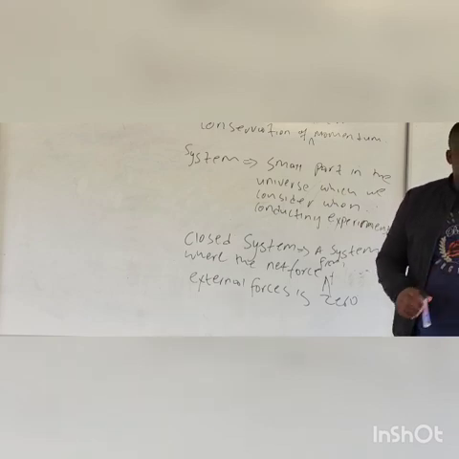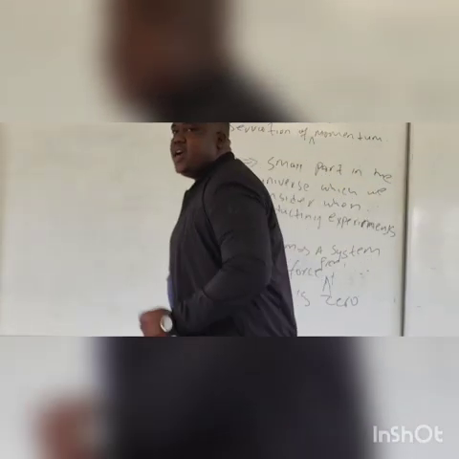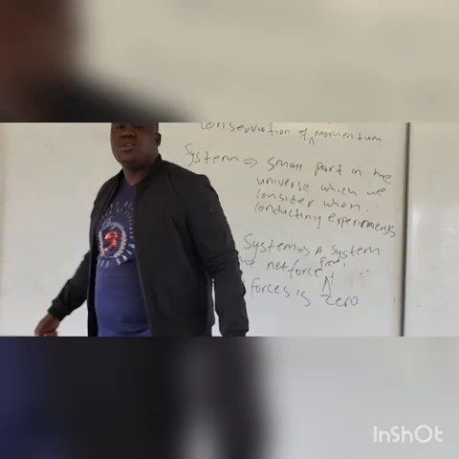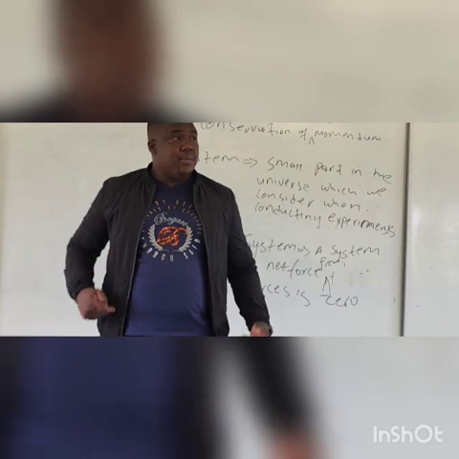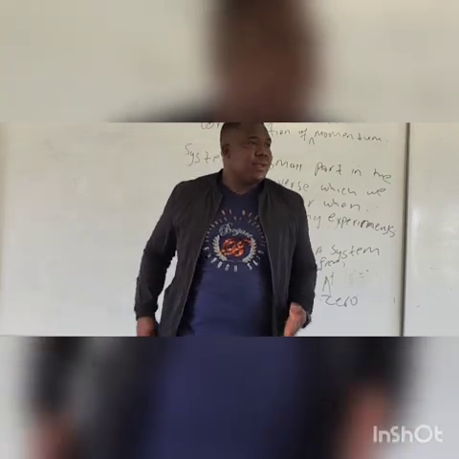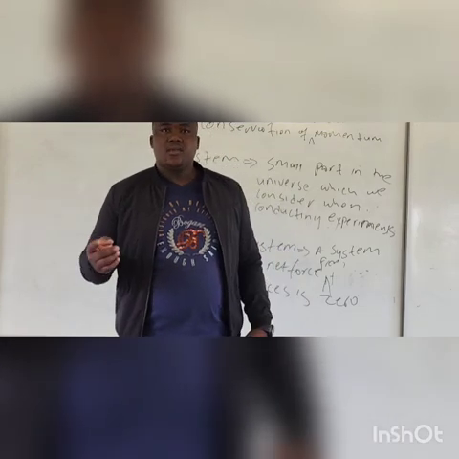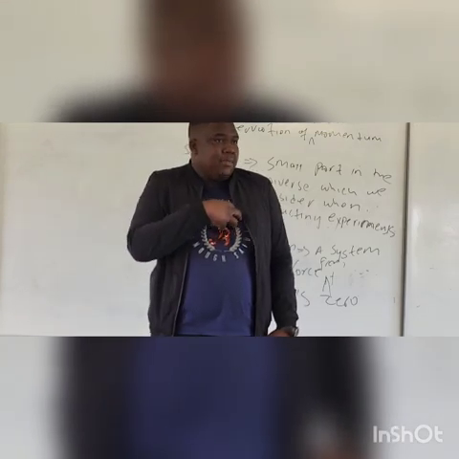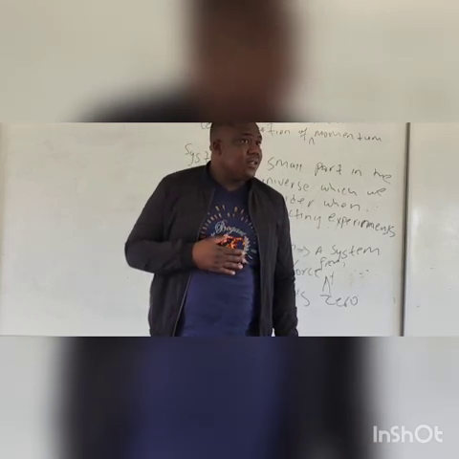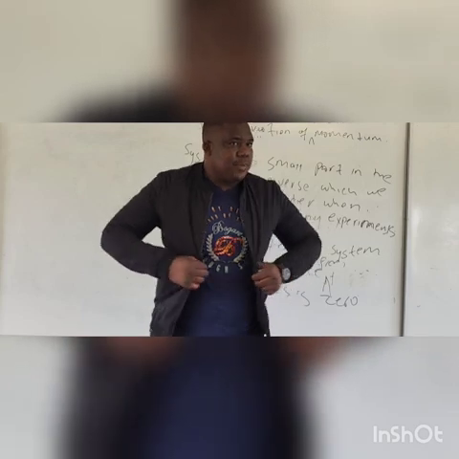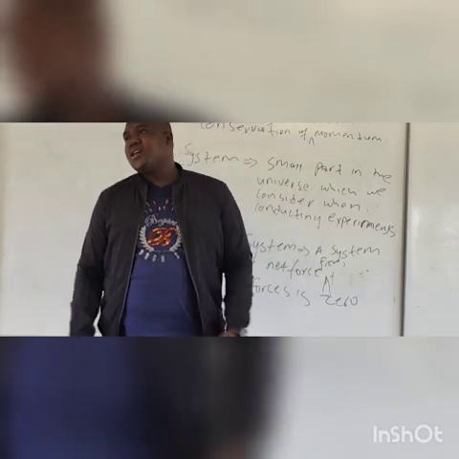Let me give you an example. I'm running, you see? And it is windy. As I'm running, I'll be applying forces, right? The forces that are applied by me are internal forces, because they have been applied by me. Then air resistance comes.